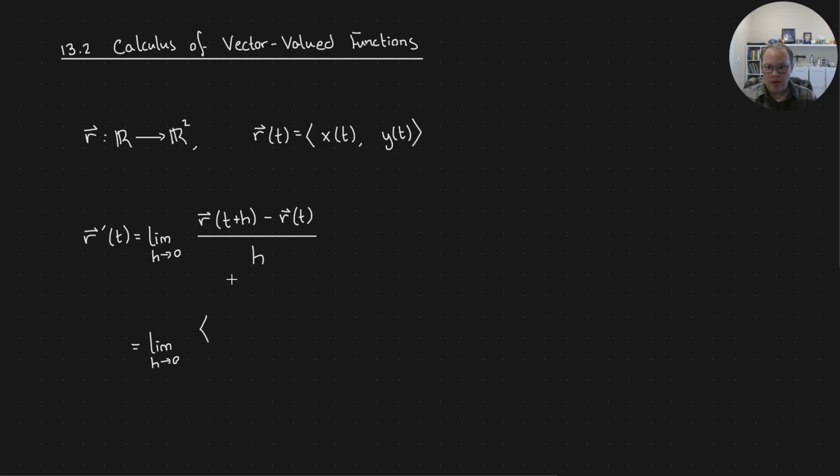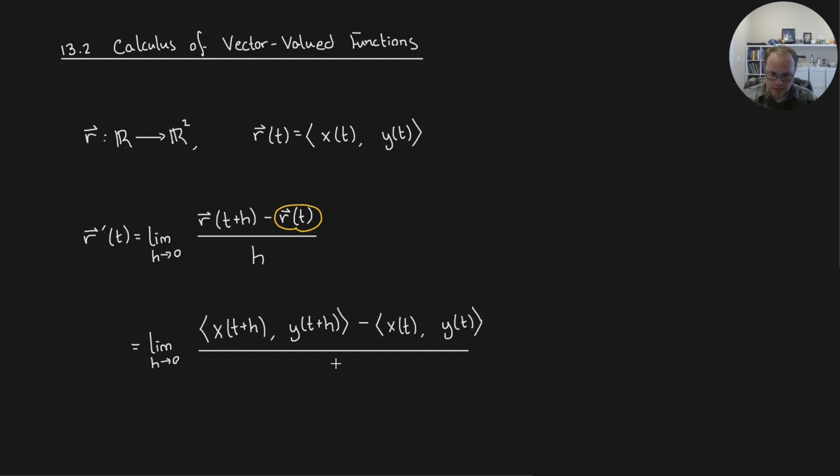So r of t plus h is the vector with first component x of t plus h, and second component y of t plus h. And r of t is exactly what we have written here: the first component is x of t, and the second component is y of t, and it's all over h.